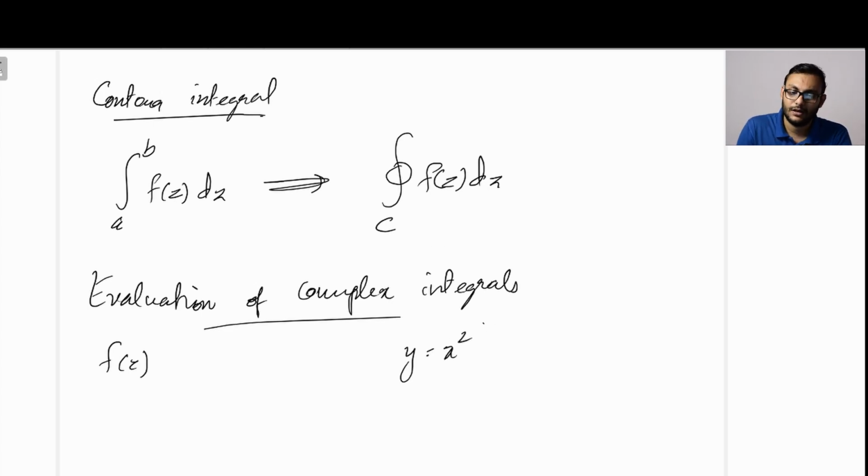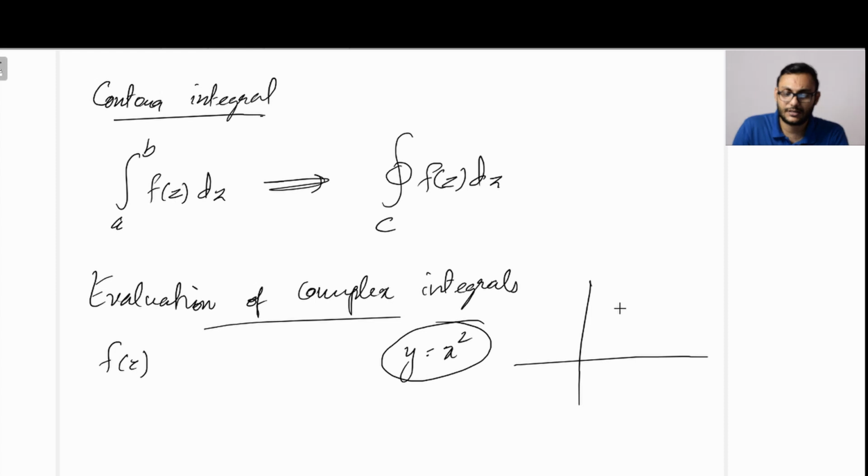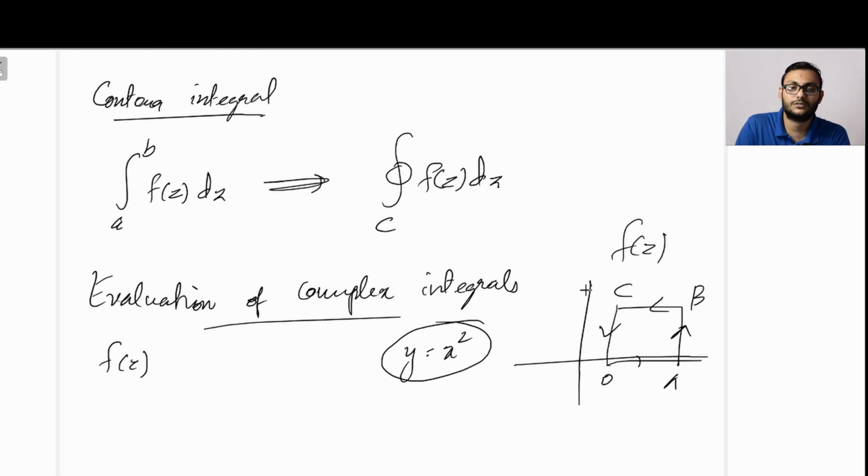Here we have some connection between the two independent variables x and y to evaluate our integral. Sometimes it is just represented as something like this: O, A, B, C, and we are asked to find the complex integral of f of z over this closed contour O, A, B, C. So sometimes these kinds of graphical representations are given, or sometimes these kinds of relations are given.